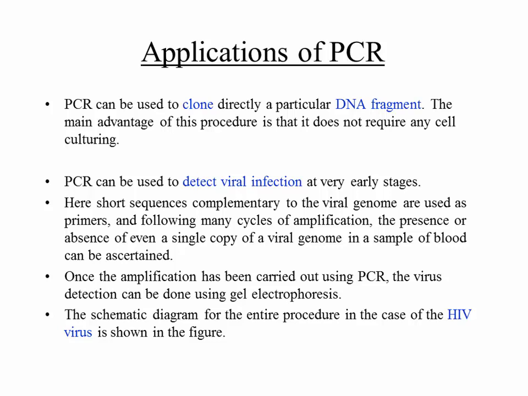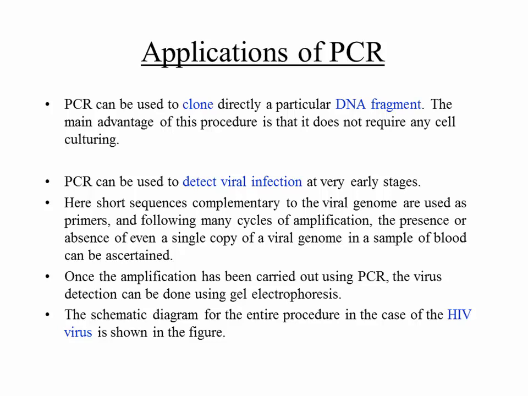And following many cycles of amplification, the presence or absence of even a single copy of a viral genome in a sample of blood can be ascertained, right? And once the amplification has been carried out using PCR, the virus detection can be done using gel electrophoresis, right? Subject it to an electric field and see where it goes, right? Based on that, you can see whether the person has the virus or not.